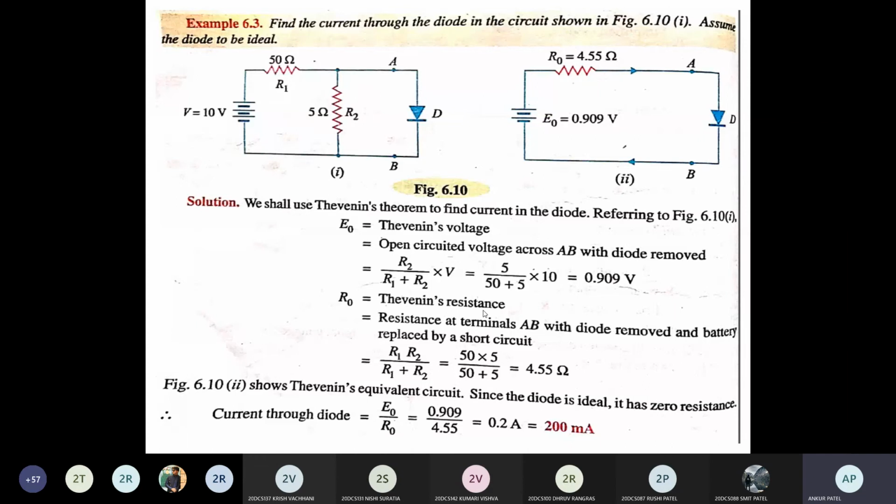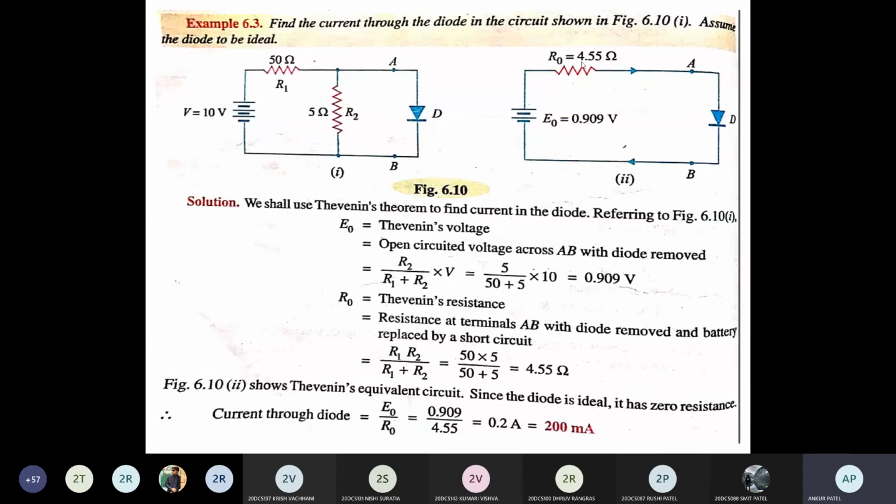R0 is Thevenin's resistance. It is equal to the resistance at terminals A and B with the diode removed and the battery replaced by a short circuit. So we can write R0 is equal to R1 into R2 upon R1 plus R2, which is 4.55 ohm.